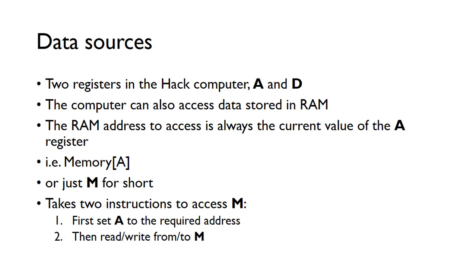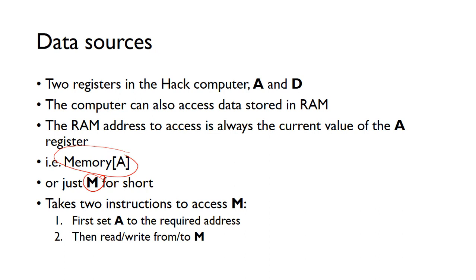We write that as Memory[A]. In the Hack machine language, you'll see we can just use M for short. M is a shortcut to access the memory location specified by A.